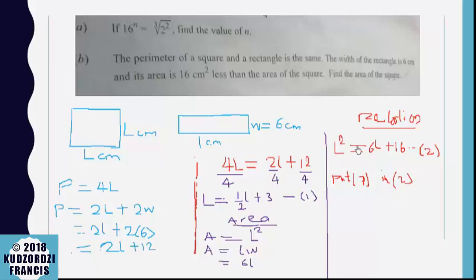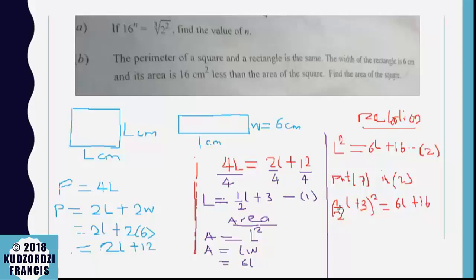So whenever we see capital L, we put 1 over 2 L plus 3. So we're going to get (1 over 2 L plus 3) all squared is equal to 6L plus 16. Now let's expand this.